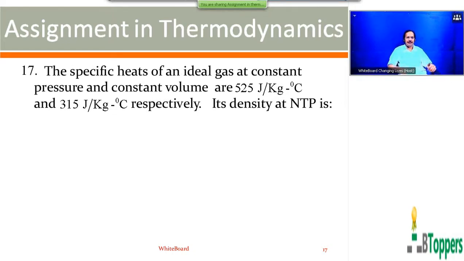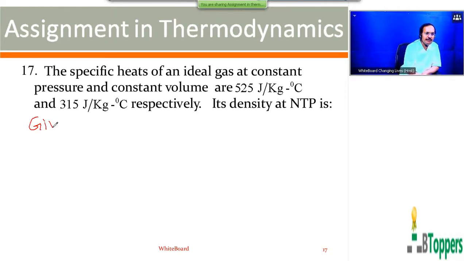See question number 17. The specific heats of an ideal gas at constant pressure and constant volume are 525 joule per kg per degree centigrade and 315 joule per kg per degree centigrade respectively. Find the density at NTP. So here also you have to follow a similar procedure to some extent. You can observe the specific heat is expressed per unit mass.